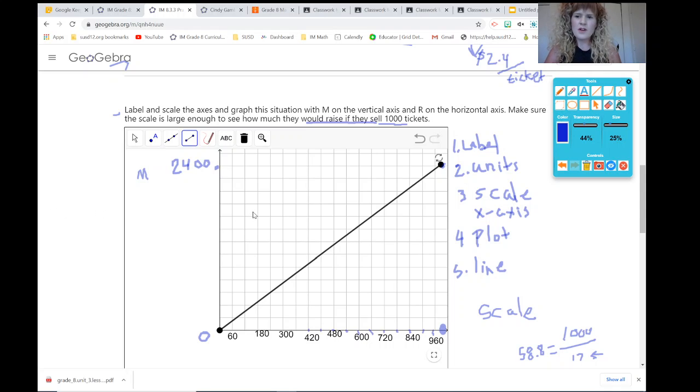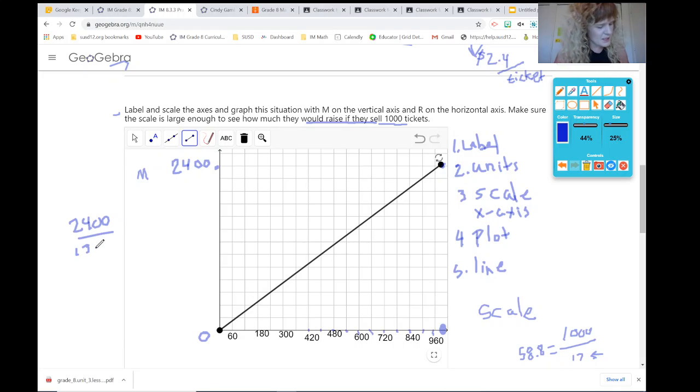So what would your numbers be if you wanted to put them on there? If you really want to spend the time, then that's 2,400 divided by 13 tick marks. So each tick mark would be $184. We could round that up and say 185. So each one of these would be like 185, counting by 185.